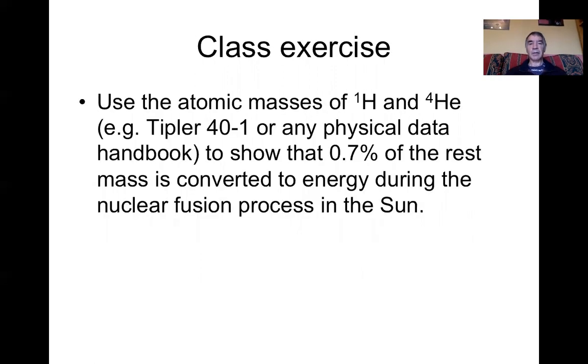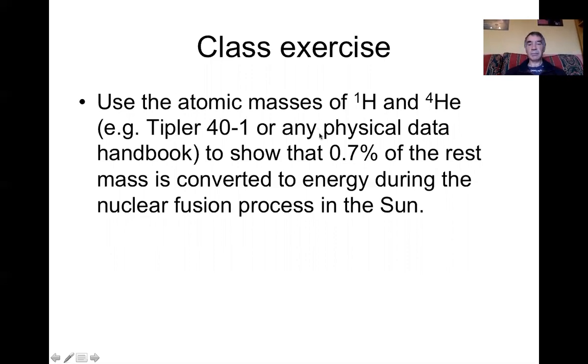And again, it'd be good for you to do a little numerical exercise yourself before coming back for the final part of this lecture. So go back and check for yourselves this mass difference between 4 protons and 1 helium-4 nucleus. You'll need to go and look up some data. If you're a physics student and you've got access to the particular textbook, then you can look it up in there.